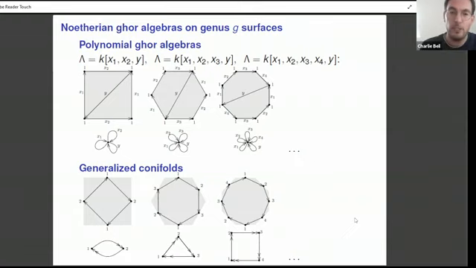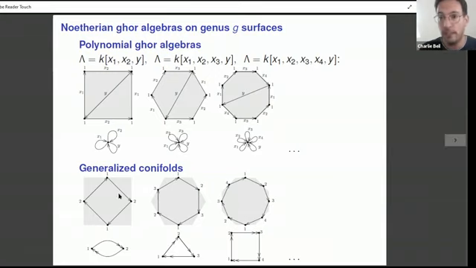So a first question to ask is, what are the properties of these? Are they Noetherian, not Noetherian? Are they going to be like the cancellative dimer algebras on a torus? So these actually are all Noetherian Gorenstein algebras. But these are the only Noetherian examples on higher genus surfaces.